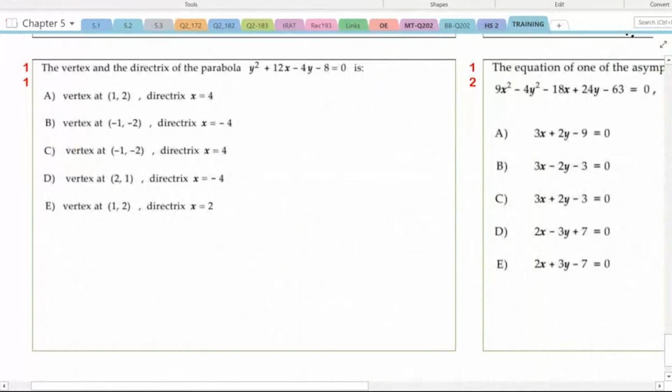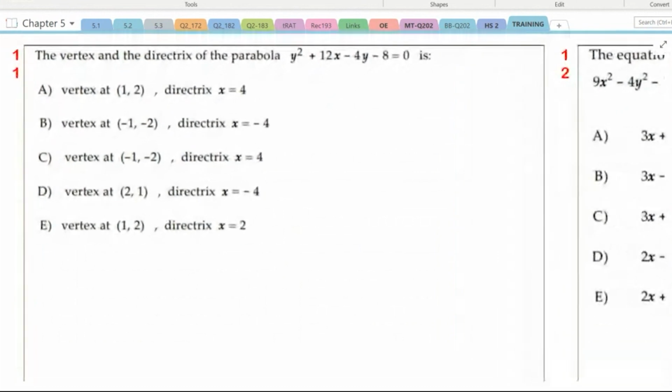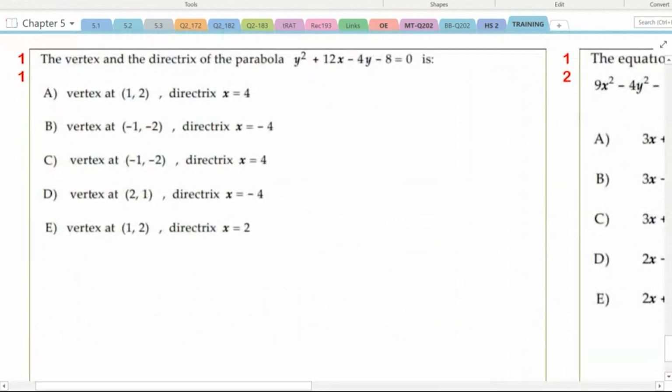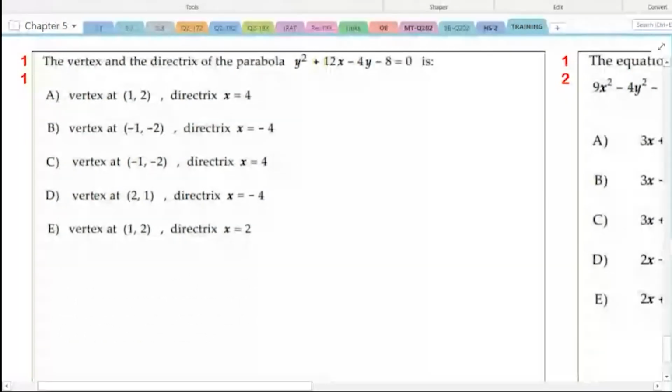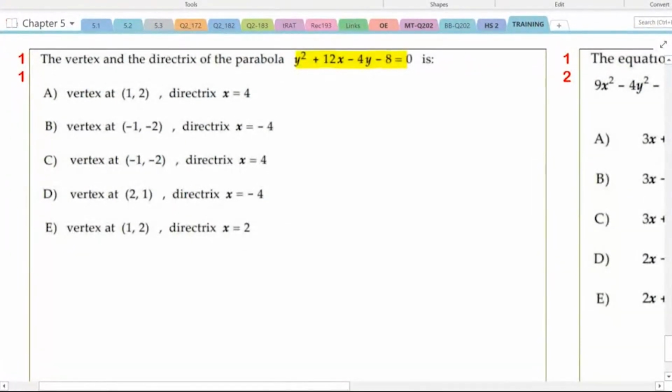Example number 11. The question says find the vertex and the directrix of the parabola. Now let us look at the parabola. What kind of parabola do we have in the first place? We have y squared plus 12x minus 4y minus 8 equal to 0. Now you can see that there is a square on y, so that means we have to do completing the square in y.